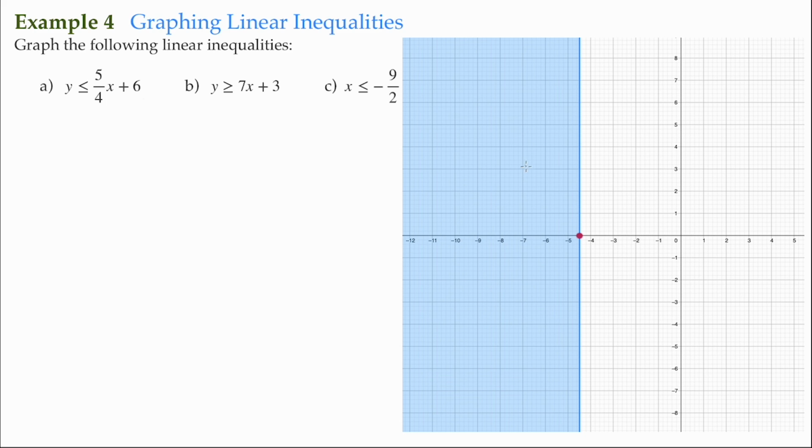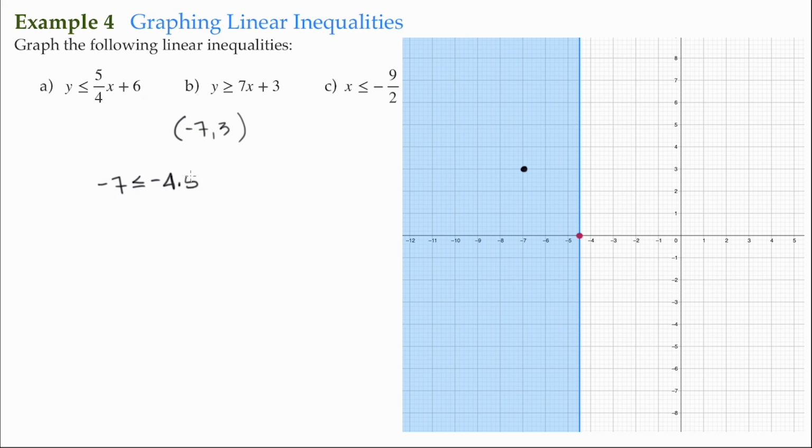So if I did something like -7 and 3, obviously we could see that's well within our region here, but any value that had -7, that's all we would want to check. So we would have -7, that's our x. That is indeed less than or equal to -9/2, which is also -4.5.